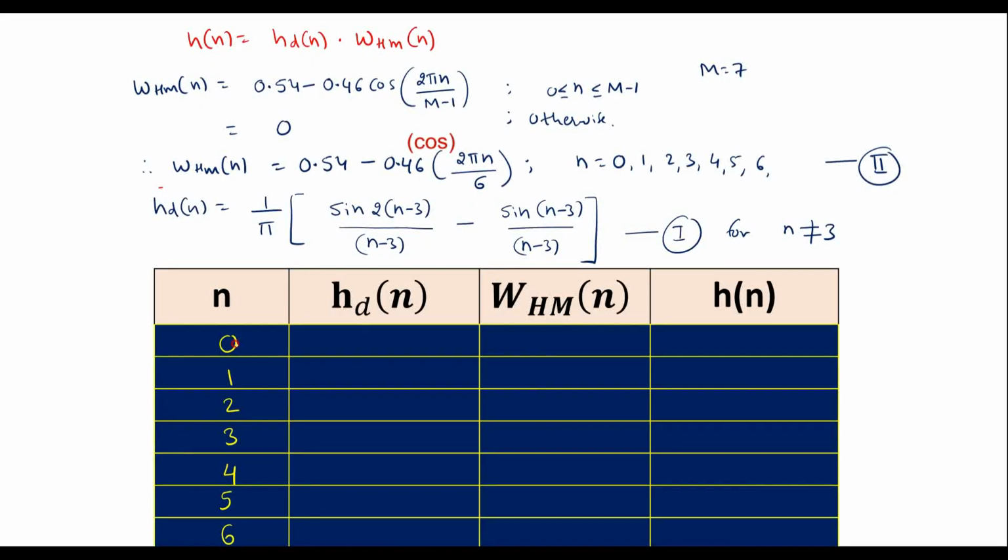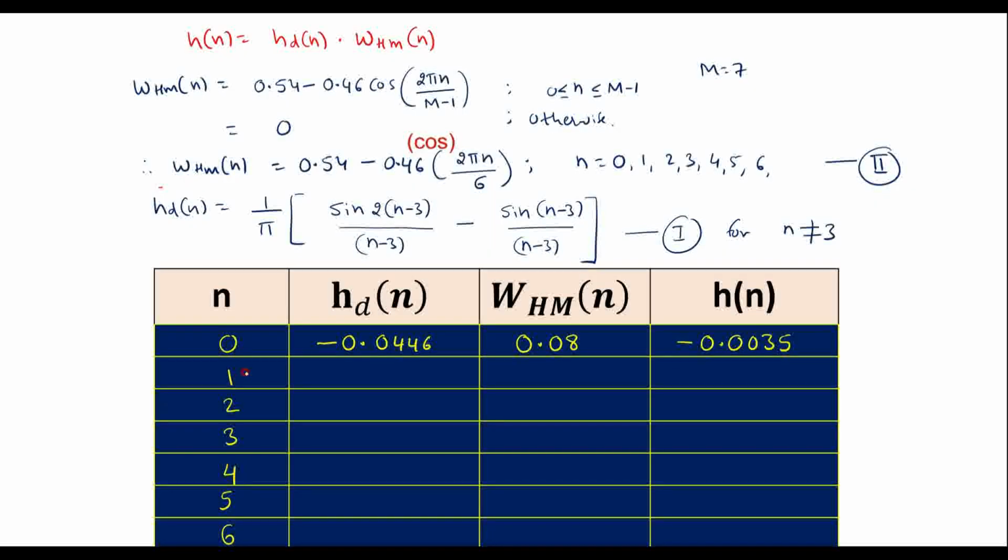By taking n equal to 0 in equation number 1, we will get minus 0.0446. Similarly, by substituting n equal to 0 in equation 2, that is Hamming window sequence, we will get 0.08. Multiplying these two, we get minus 0.0035.